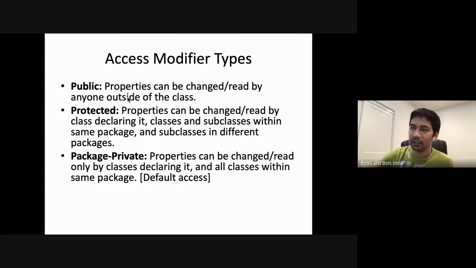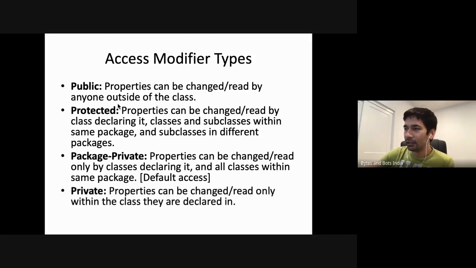Package private is not accessible by a subclass. It is only accessible within the same package, which is within the same directory. Whereas protected is not only accessible within the same directory, but if there is a subclass in a different directory, your member variable will be accessible from that subclass as well.